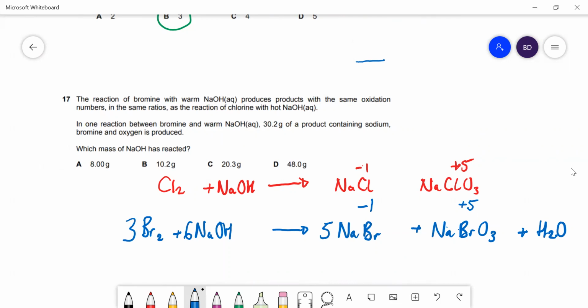What mass of NaOH has been reacted? So we have got 30.2 grams of sodium bromate 5, that's NaBrO3. So let's work out how many moles of sodium bromate we've got.